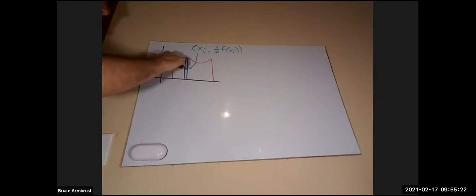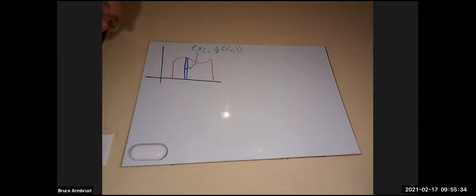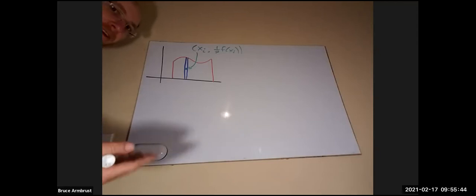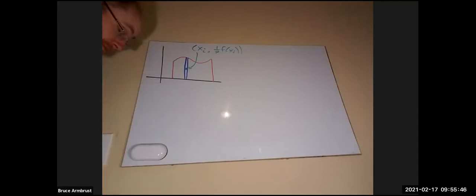So if f is the function that's giving us the top, f of xi is the height at that location, and then we cut it in two because we're at the midpoint. Okay, so that's the location of that little piece, which is good to know, because if we're going to do moments, we need to know where it is.